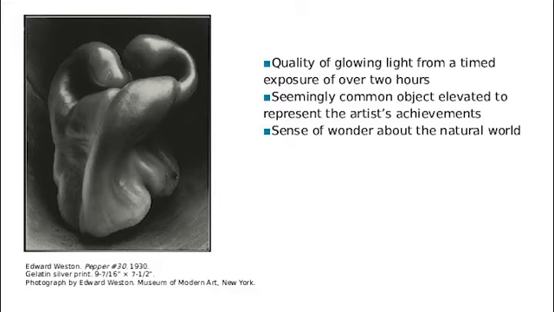The quality of glowing light in this was created through a timed exposure of over 2 hours. You know how you take a picture and it takes less than a second? The one picture taken here took over 2 hours.